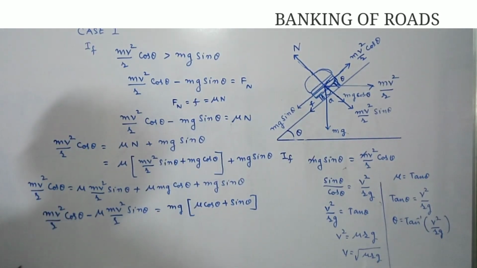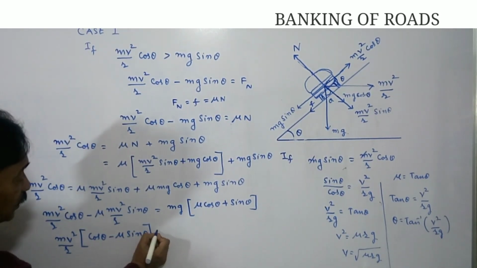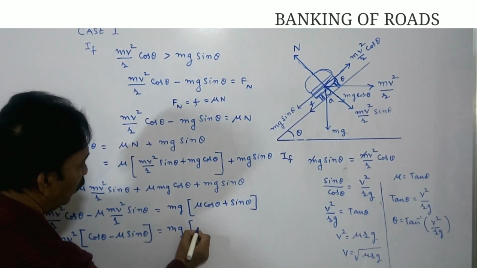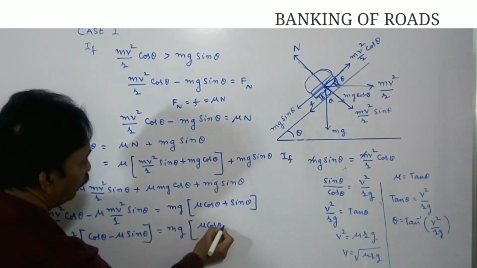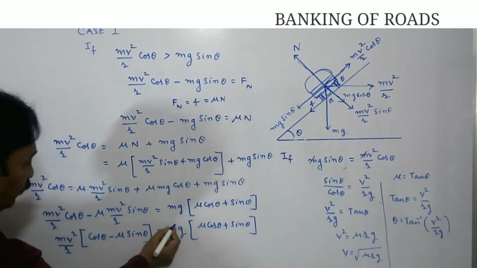Here mv square by r of cos theta minus mu sin theta is equal to mg of mu cos theta plus sin theta.